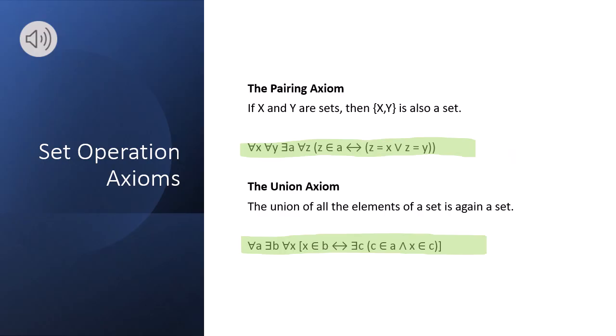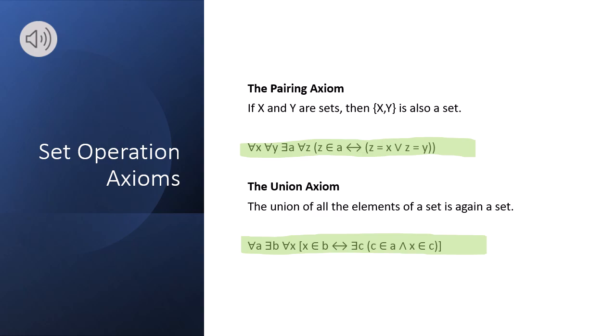So now we'll introduce some axioms related to some set operations. These can't be obtained from the separation axiom because they're not parts of a larger set, but instead, if you're handed some sets, they allow you to construct some different types of sets. The first is called the pairing axiom, and the second is called the union axiom.